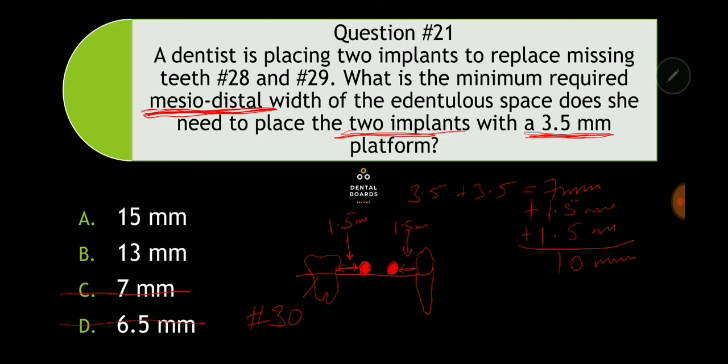Now, how about the implant to implant? These questions show if you understand the measurements, or the amount of space you need to place an implant. How about the in between? The minimum distance you can place implants: implant to implant distance, the minimum is 3 millimeters.